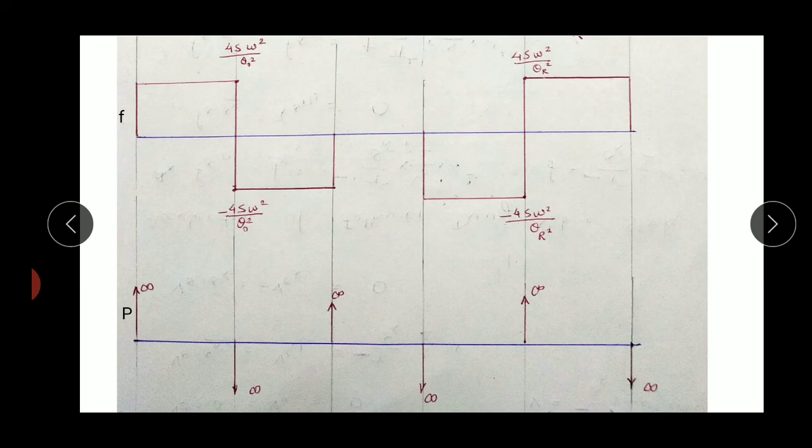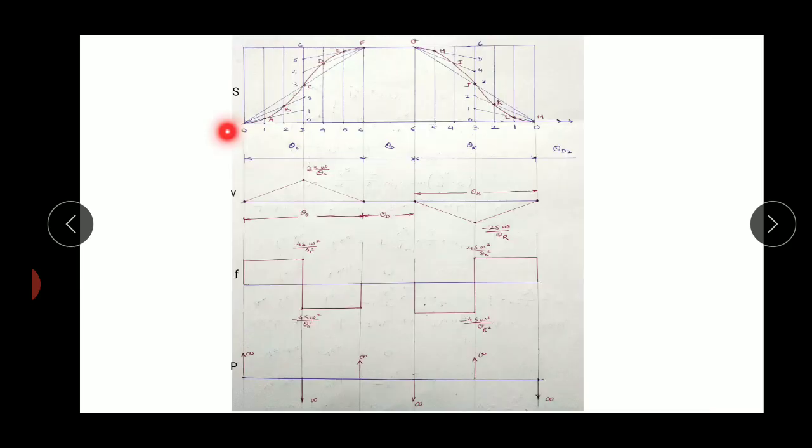So the entire graph: this is the displacement graph, you can observe, we had seen it. So the displacement versus theta graph over here, then the velocity versus theta graph over here, the acceleration versus theta graph over here. In some books it is represented as displacement versus ωt, velocity versus ωt, acceleration versus ωt, and jerk versus ωt.